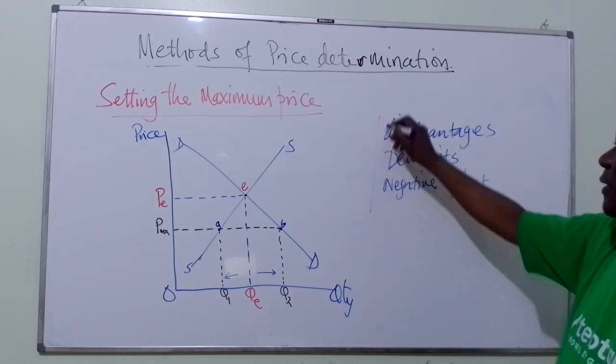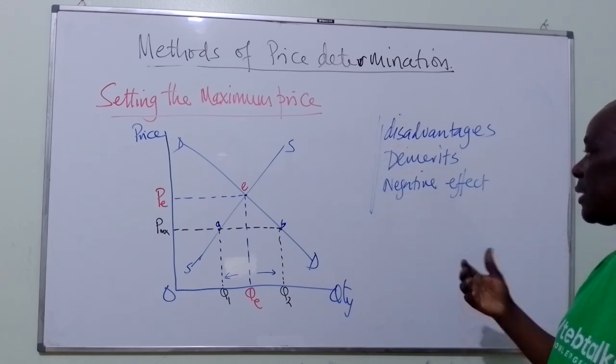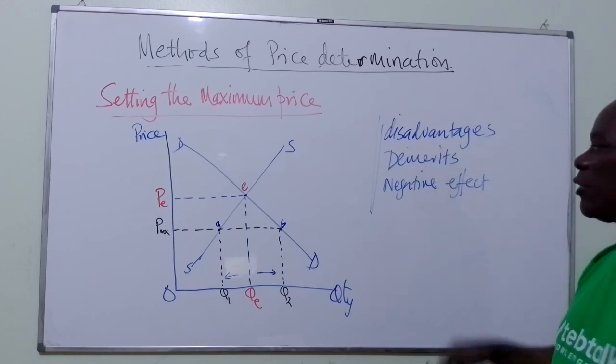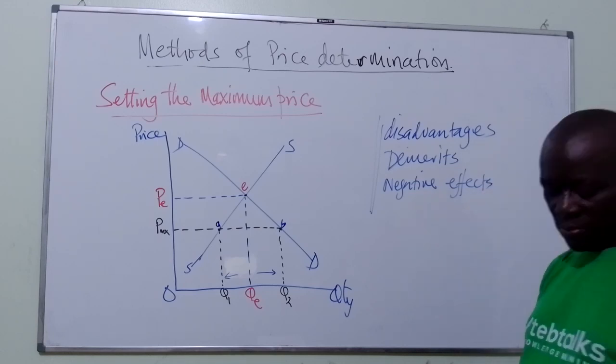These ones are the same. It will be only the presentation, but as you said demerits, we are talking about disadvantages, you are talking about the negative effects of maximum price.